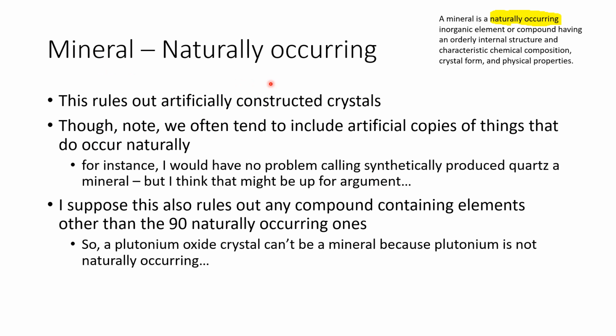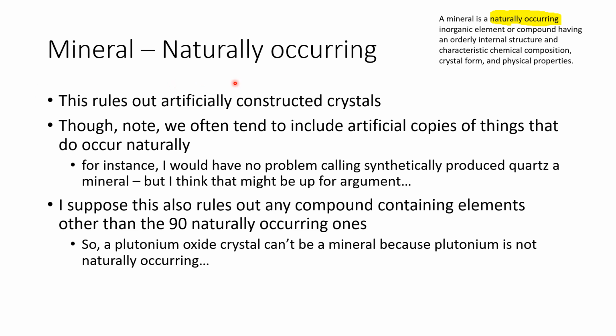So minerals have to be naturally occurring. So this rules out constructed crystals. You can make a whole lot more crystals than nature has made. Although I am seeing an argument being made in some of the literature right now that if we can make it, nature probably already has made it.